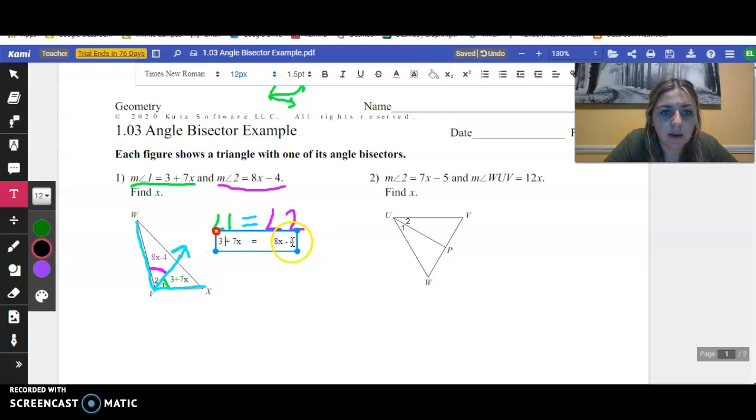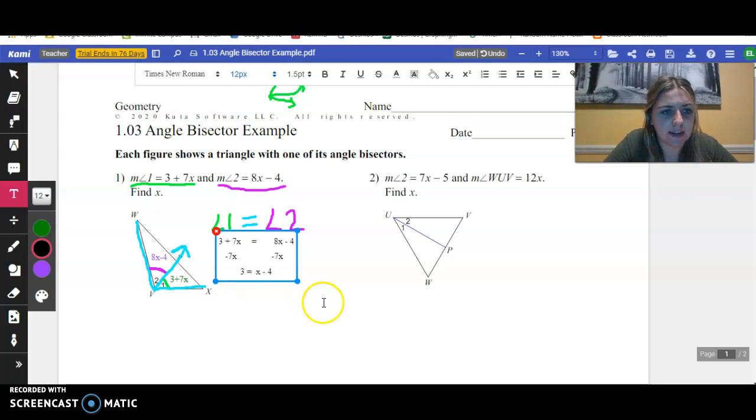Okay, so now I'm going to solve this equation for x. The first thing I'm going to do is subtract 7x from both sides. Whenever I do that, I'm going to be left with 3 equals 1x, or x minus 4.